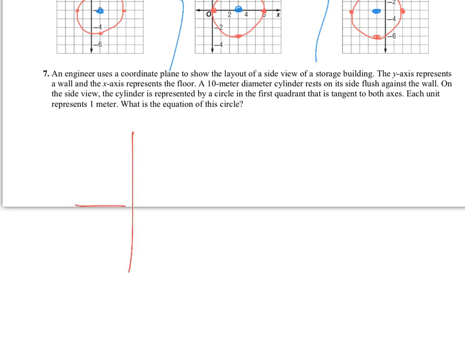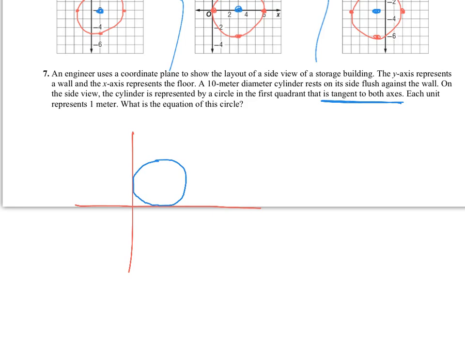And they tell us they want the first quadrant. So we're going to put a cylinder in quadrant 1, touching the wall and touching the floor. The side of the bottom of a cylinder looks like a circle. Alright, they say it's tangent to both axes, so it has to barely touch the x and barely touch the y.